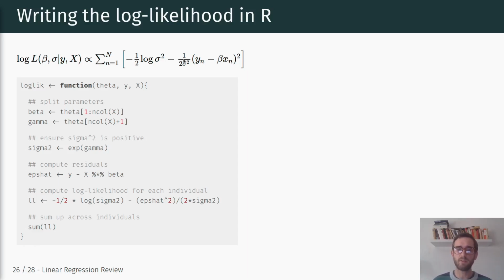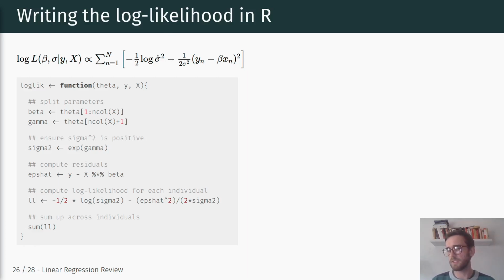Okay, we have our observed data, we have our x and our y, we don't have our beta and we don't have our sigma, and the goal is then to find the parameter values for beta and sigma that are most likely to have generated the data. Okay.